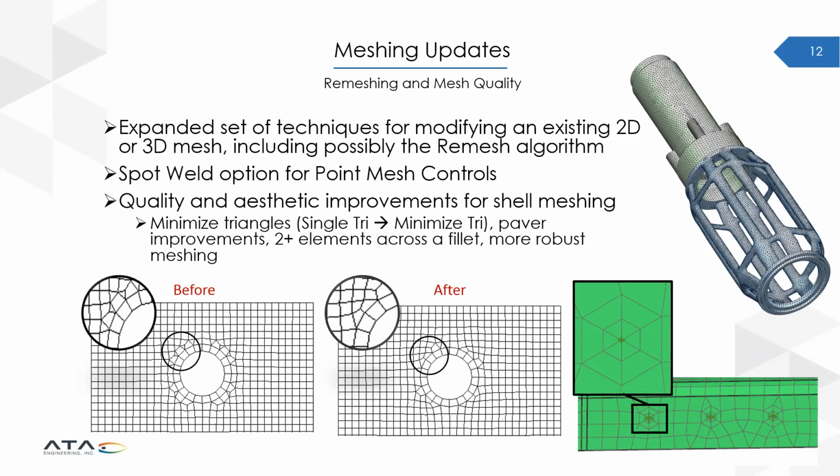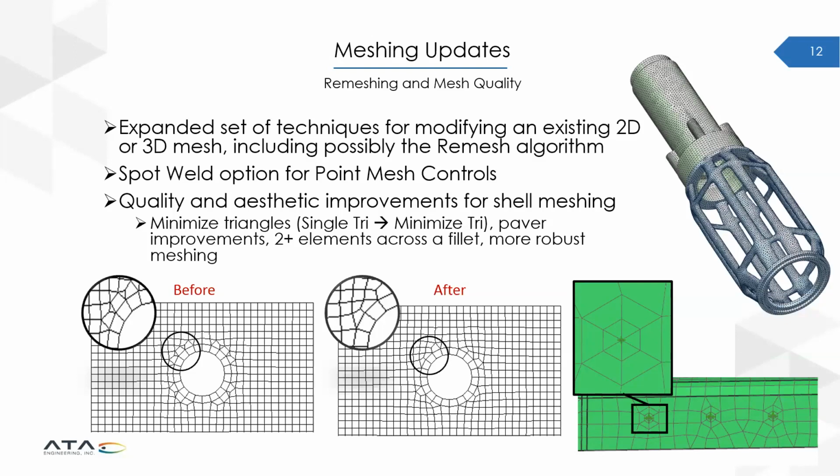So it's especially useful if you have bodies that were created from topology optimization or something like that, if they're very highly curved or anything that the traditional mesher might have problems with. The remesh algorithm can handle that, and now that's available with just modifying an existing mesh. You can see on the right-hand side here, this top mesh would be our traditional mesh, and the bottom part of this mesh would be where the remesh algorithm has been used.